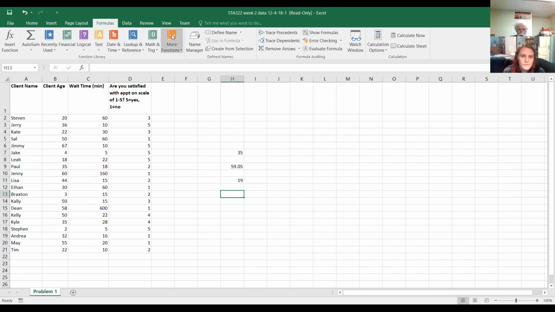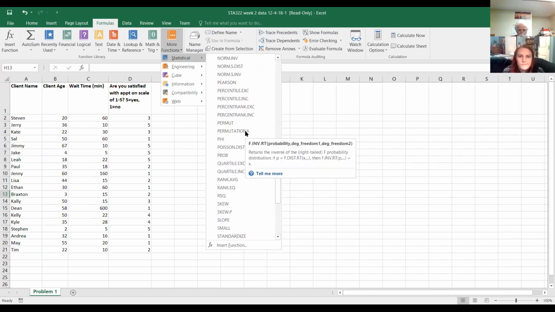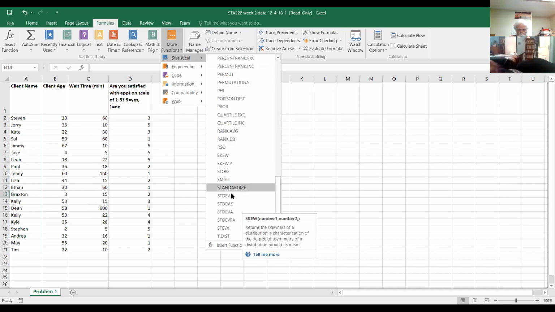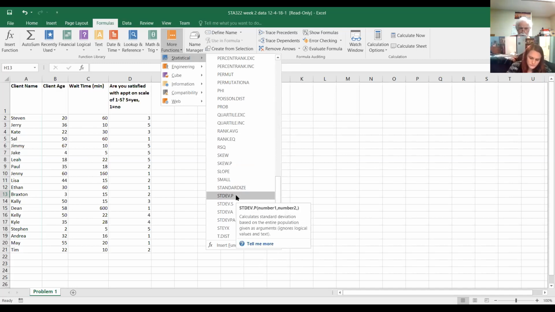So let's go over here, and we'll go down to standard deviation, STDEV. And we have two choices. We have STDEV.P, which is for a population.